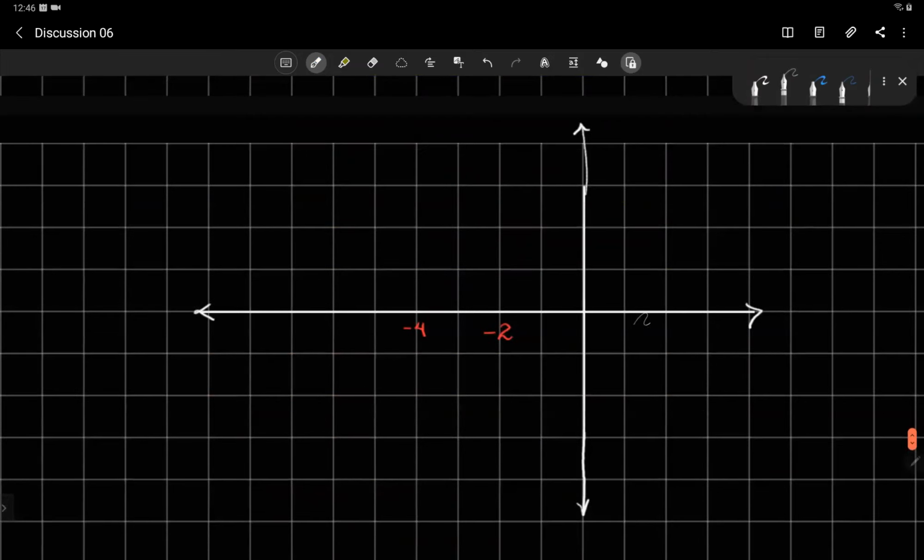So this is 2, -2, -4, then 2 with 4. So we have a pole here, a pole here, and we have a zero here and a zero here.